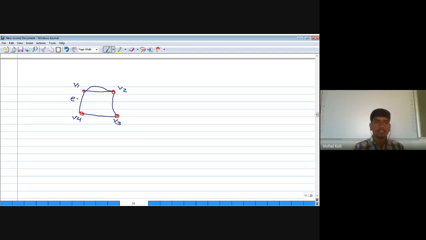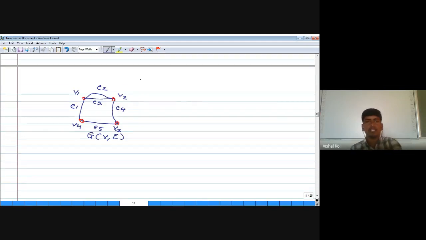This will be the edge e1, edge e2, edge e3, edge e4 and edge e5. So this will be the graph G with vertex set V and edge set E.